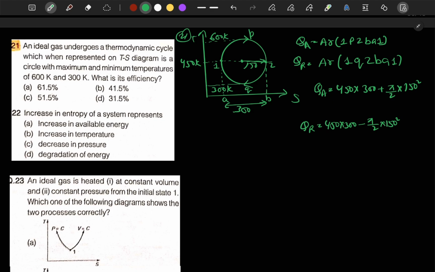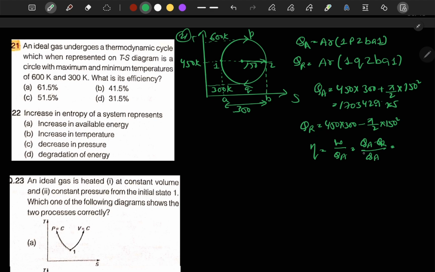We get our Q addition as pi divided by 2 into 150 square plus 450 into 300, so we get the value of Q as 170342.9 kilojoule. Now the cycle efficiency can be represented as work done upon Q addition, and work done is Q addition minus Q rejection, upon Q addition.